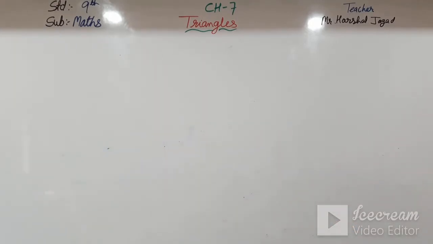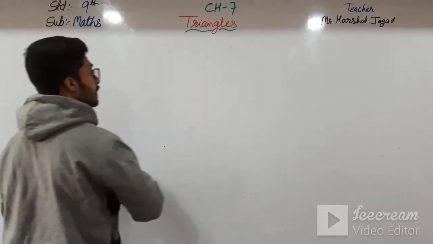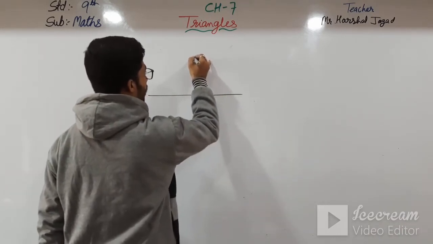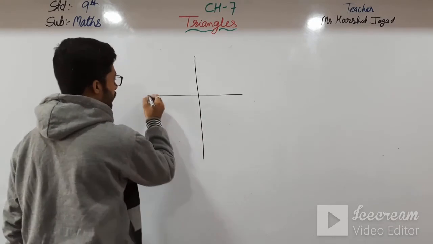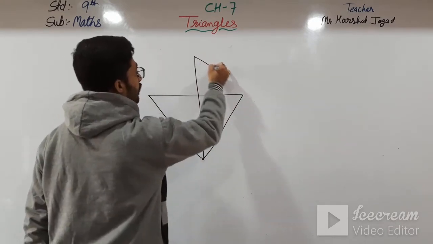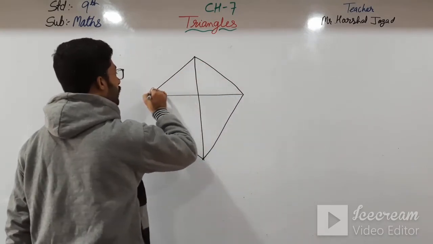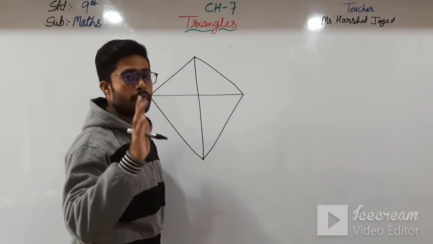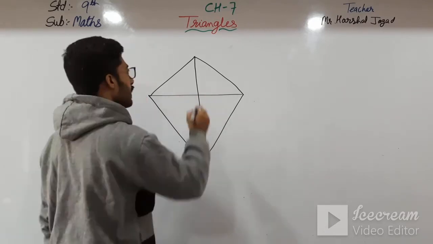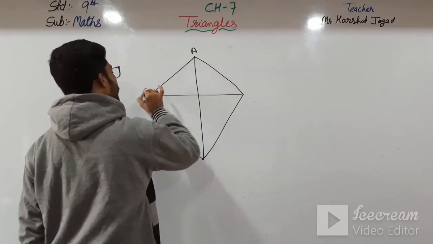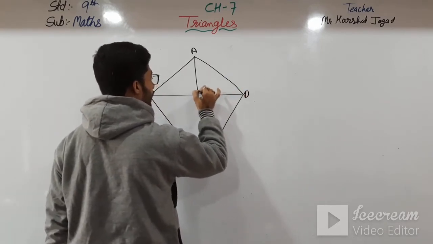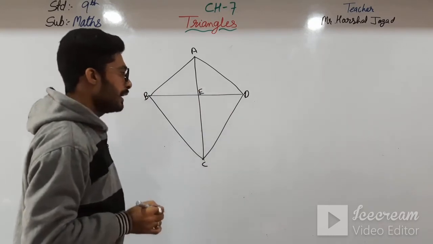Here a line is drawn from here. You can see there are four triangles: 1, 2, 3, 4. If I name the points A, B, C, D, E, okay, I have named this.